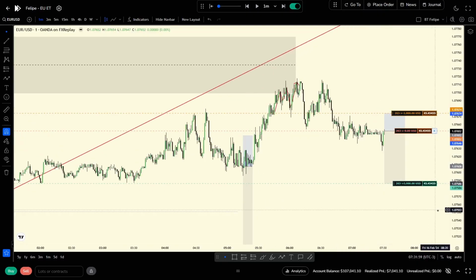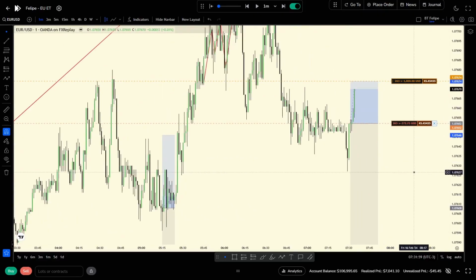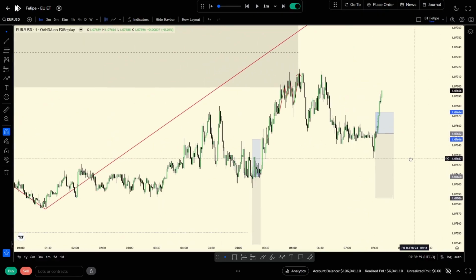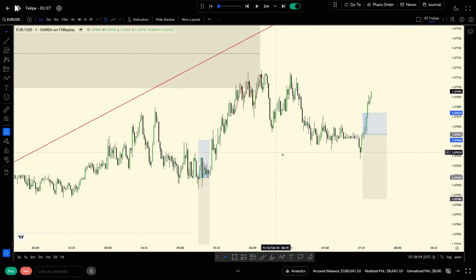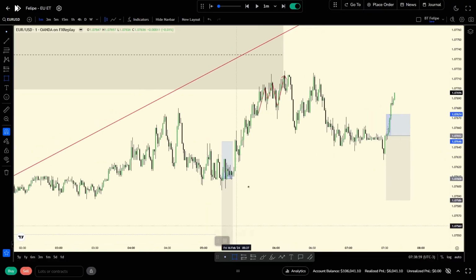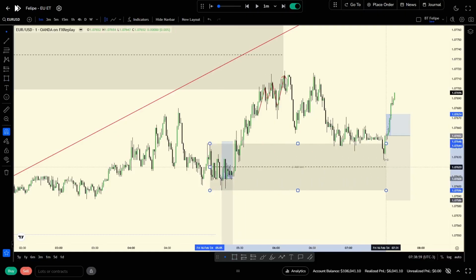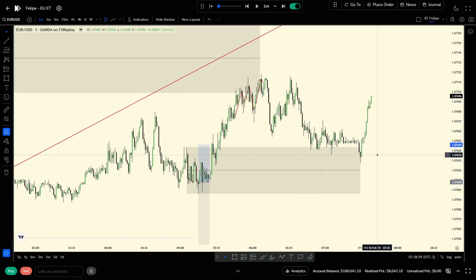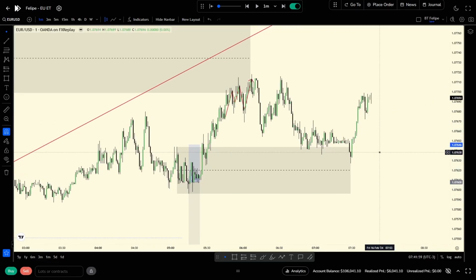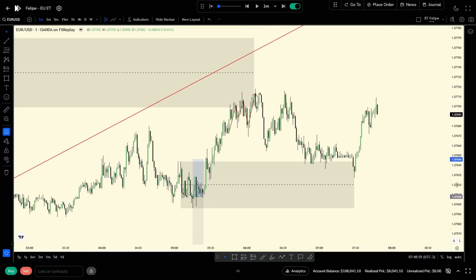I can do like this. This happened right here in this demand area, the same one as this, so maybe I should have skipped it, just like I skipped this one. I didn't think very much about that one.